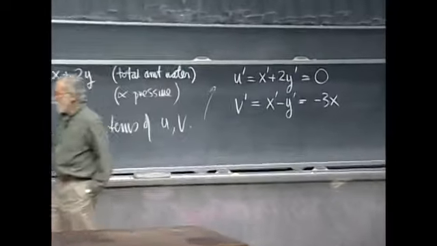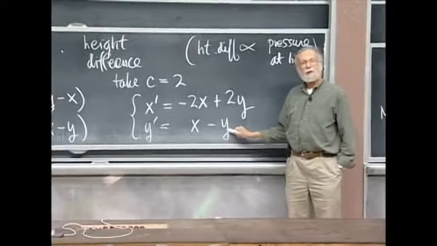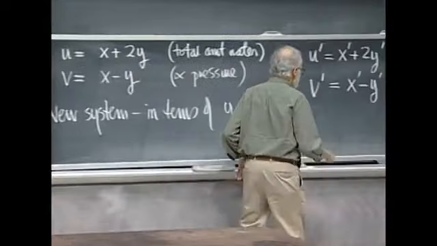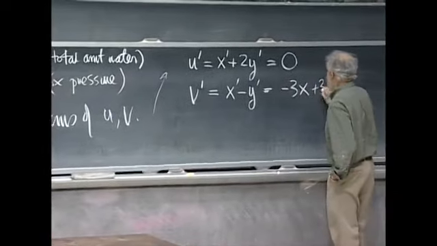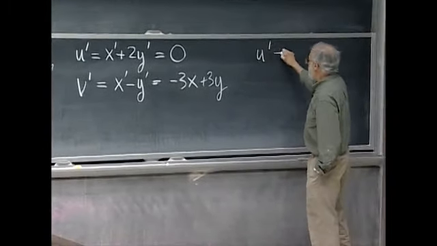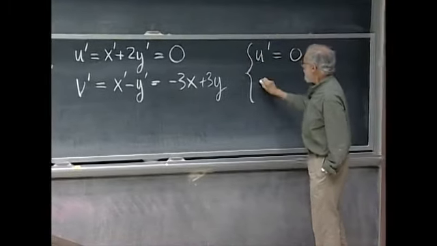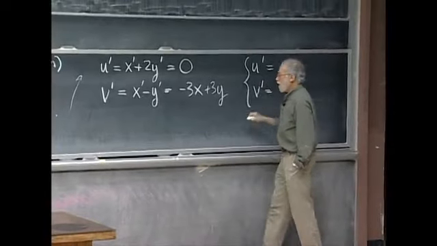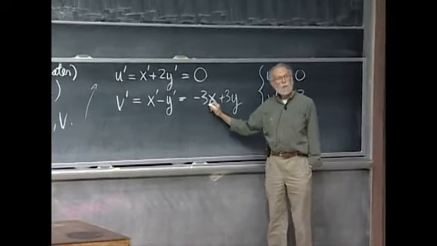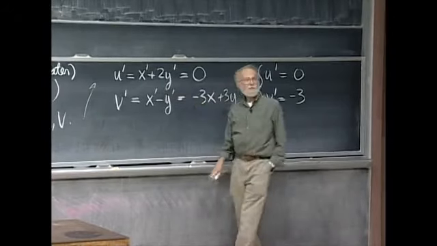And 2y minus negative y, that makes 3y. All right, what's the system? The system is u prime equals 0, and v prime equals minus 3 times x minus y, but x minus y is v.